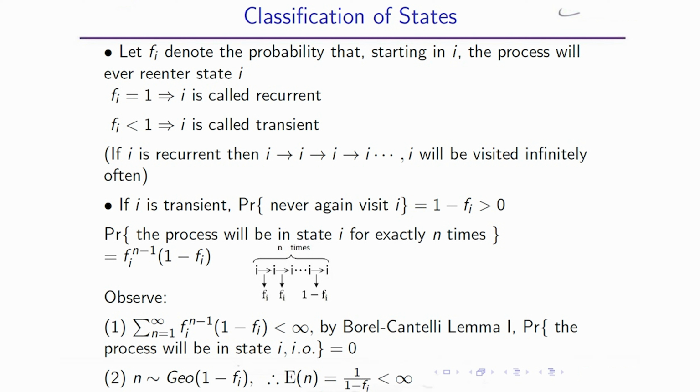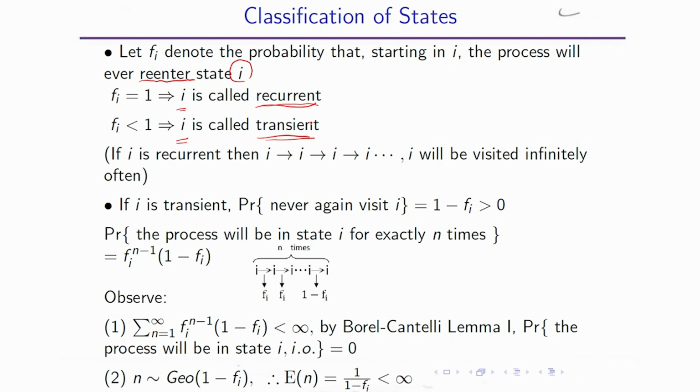Classification of states. Let Fi denote the probability that starting in i, the process will ever re-enter state i. If Fi is equal to 1, then we call state i recurrent. That means it will happen again and again. On the other hand, if Fi is less than 1, then we call i transient.